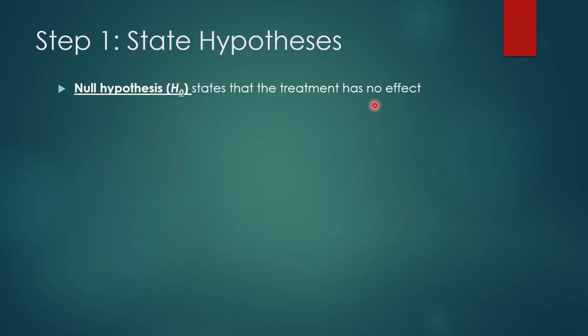So we had that original population mean of mu equals 30. So what we want to say is that there's no change or difference or relationship between that original population mean and the population mean after treatment.